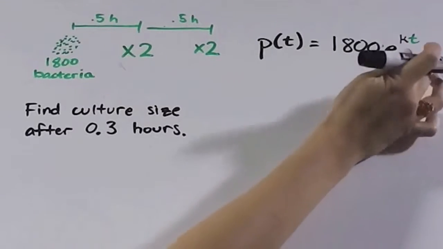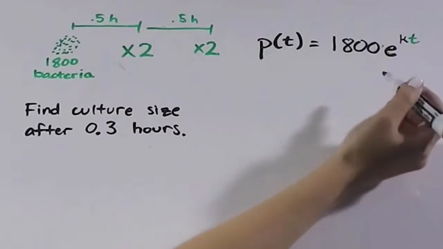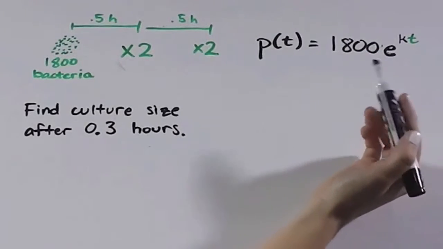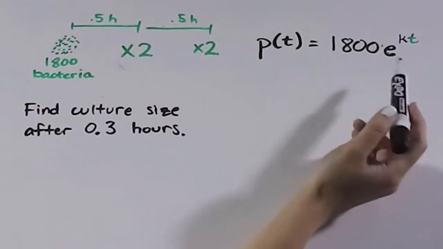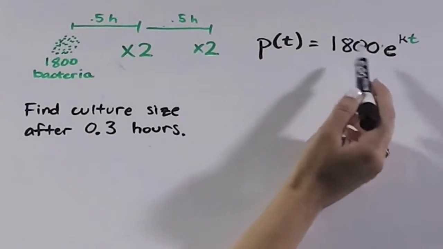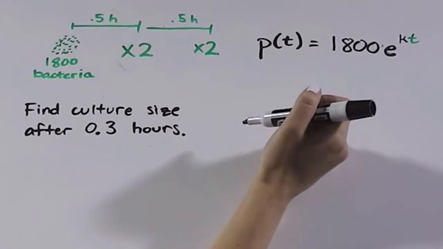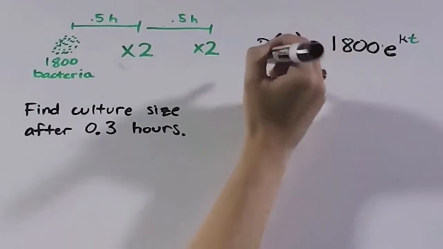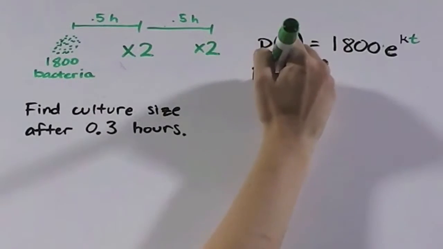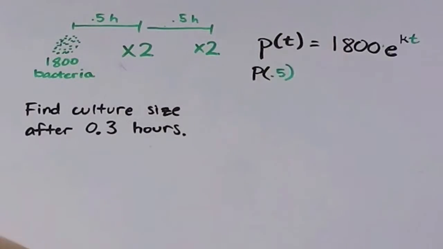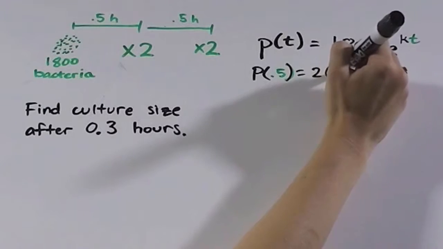Well, there's one simple way to do it, which is we can plug in some values. It may not look as though we know yet any specific value for p of t other than 1800, but think about it for a second. If it doubles every half hour, then we know that p after a half hour is equal to 2 times 1800.